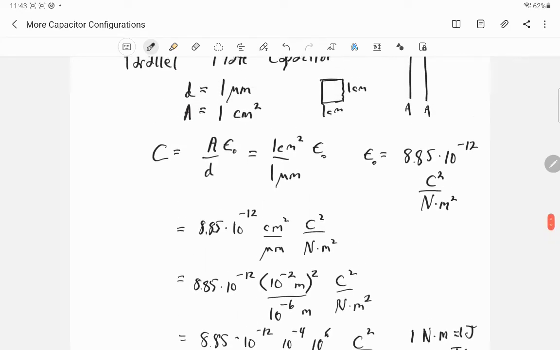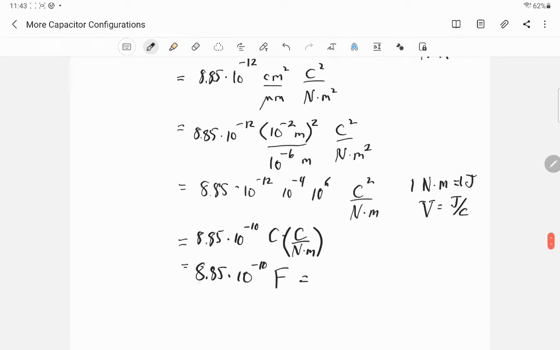So that's a very realistic thing, and we come out with 8.85 times 10 to the minus 10. So I'm going to rewrite this as, for example, 0.885 times 10 to the minus 9 farads. This is 0.885 nanofarads, for example.